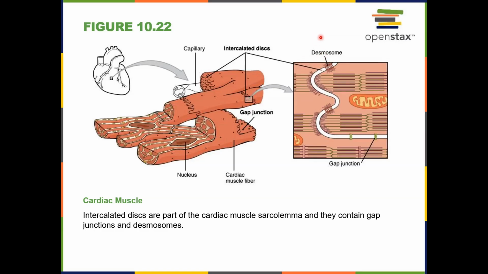So when one cell contracts, it can pull on the adjacent cell without pulling apart. Gap junctions connect the cytoplasm of adjacent cells, allowing ions to move from the cytoplasm of one cell to the next. This is important for allowing a wave of electrical excitation to spread from one cell to the next so that the heart can contract as a coordinated unit.